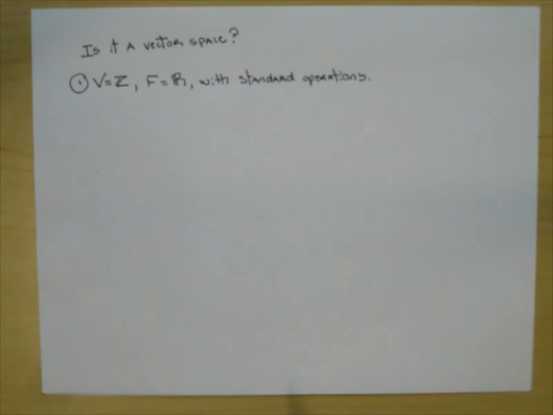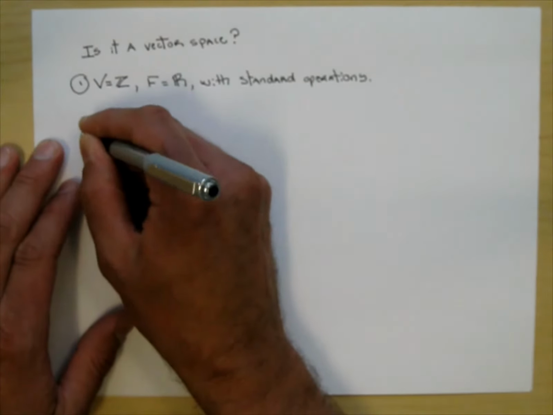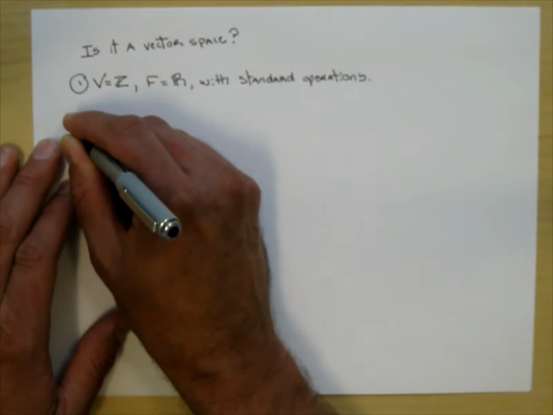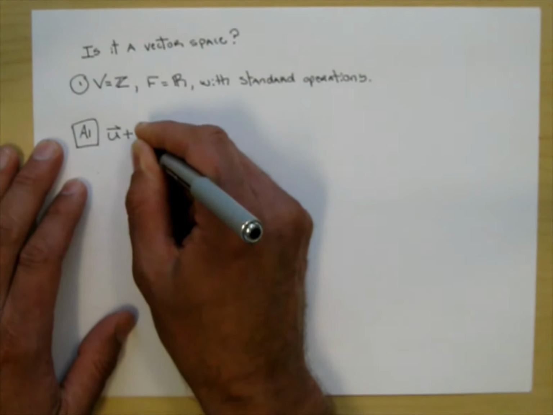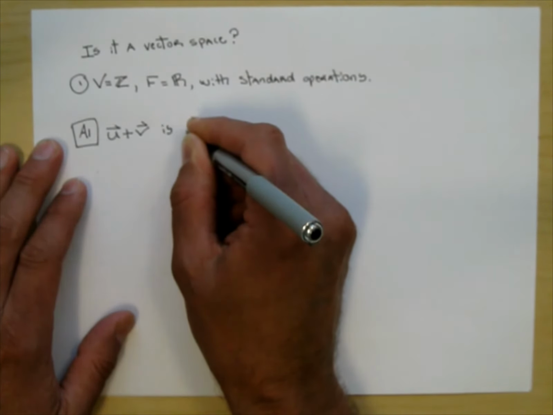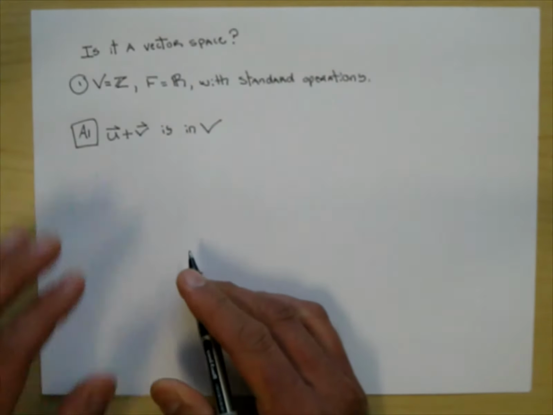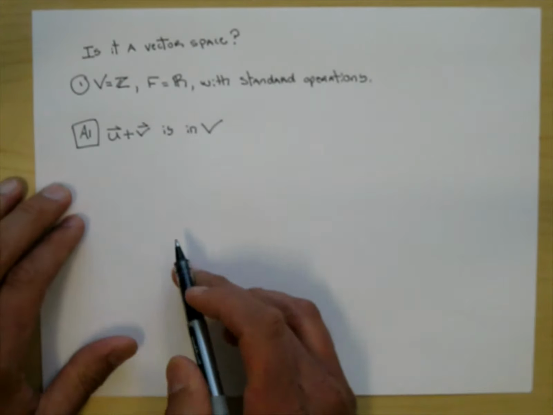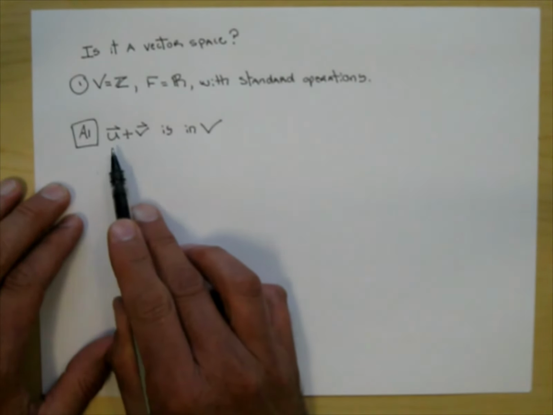So the first axiom says u plus v. So this is axiom 1. We're supposed to verify that u plus v is in the vector space. Okay, well, let's think about it. What kind of vectors do we have?